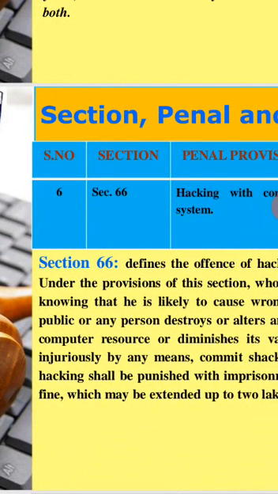Section 43 strictly restricts unauthorized access to computer material, and section 66 attracts an offense when such access is made with the intent to cause, or with the knowledge that he is likely to cause, loss or damage by an action.